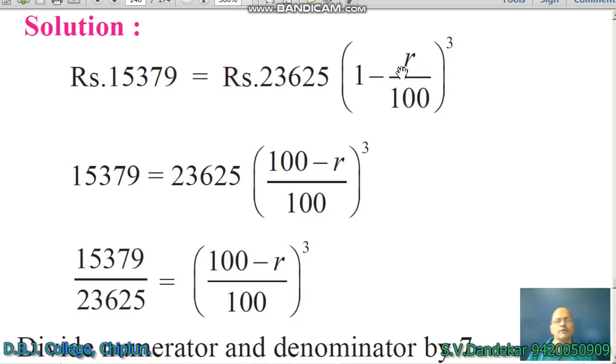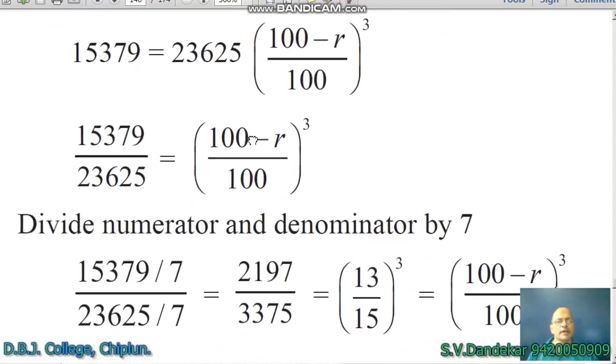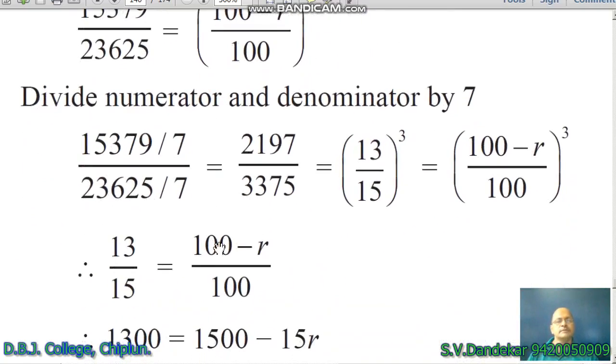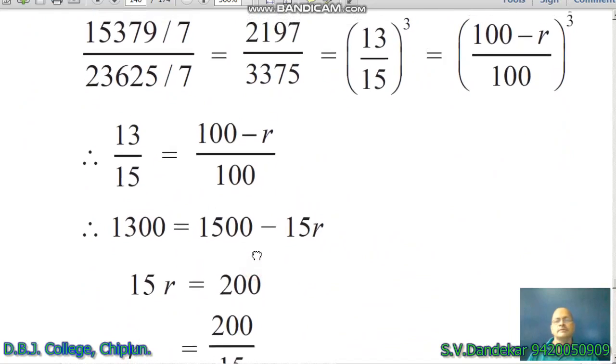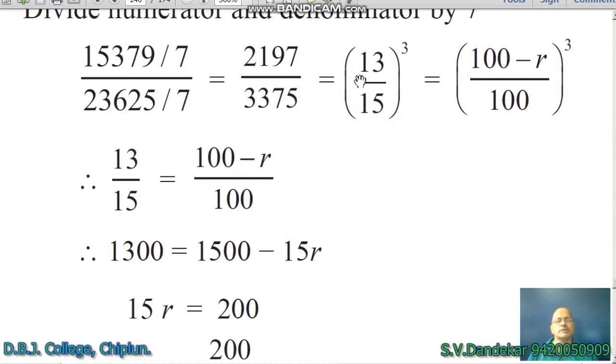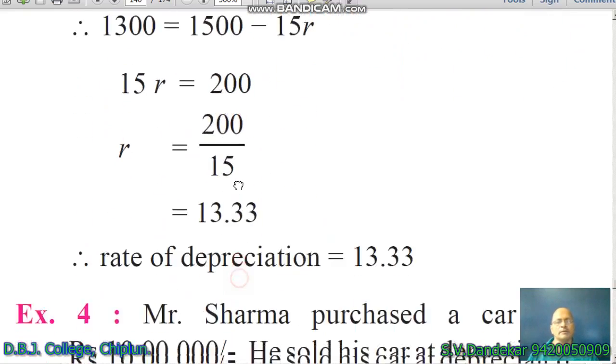So putting all the values and calculating, after the calculation we found that the left hand side is 13 upon 15 bracket cube. So solving we get R.